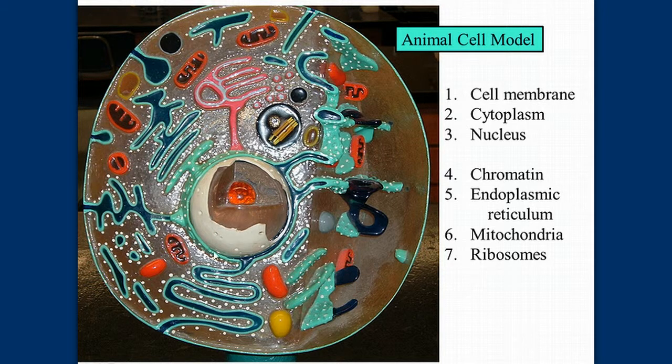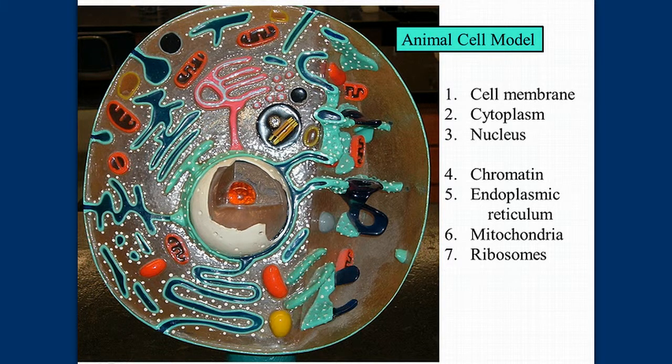Alright, as we go outside of the nucleus, we can see these channels, the network of membranes that go all through the cell here. They're interconnected with the cell membrane and the nuclear membrane, and this provides a transport system. And attached to this transport system are these ribosomes.